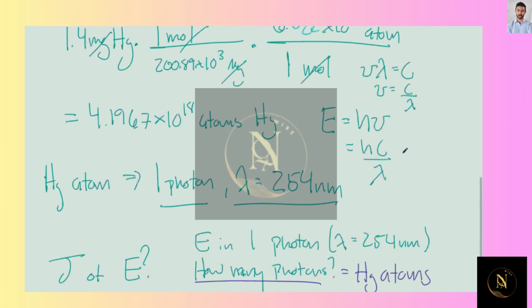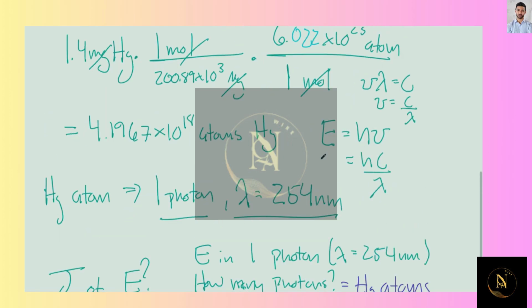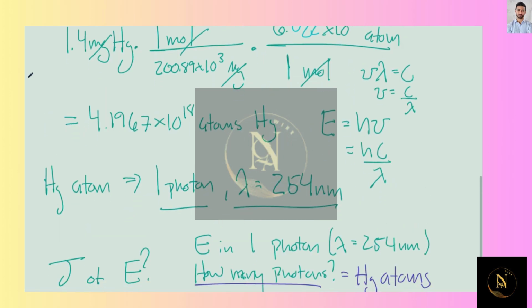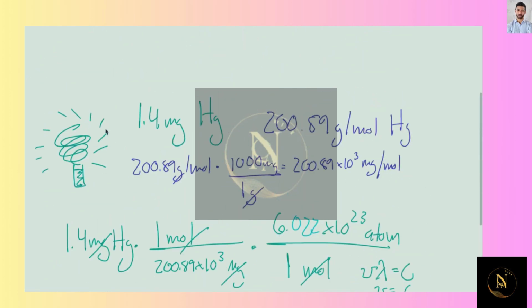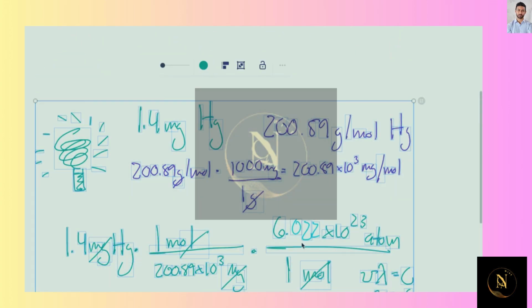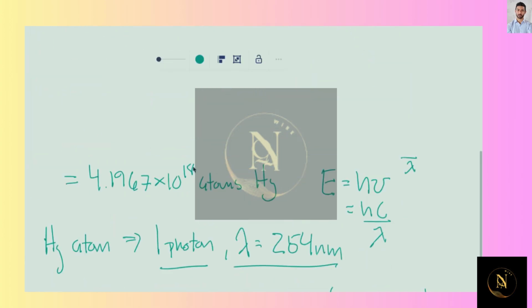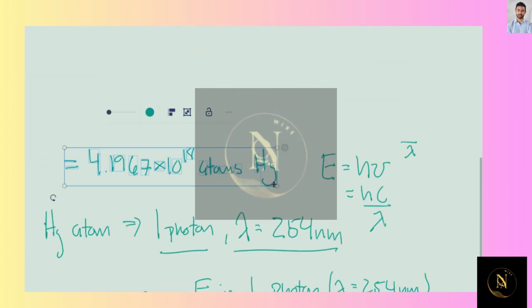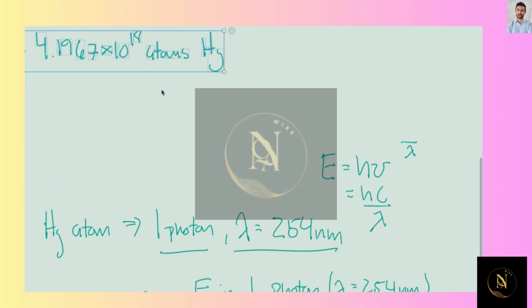Okay, well, now we know how to get the energy of a single photon. We have the number of atoms here, but what we need is Planck's constant.